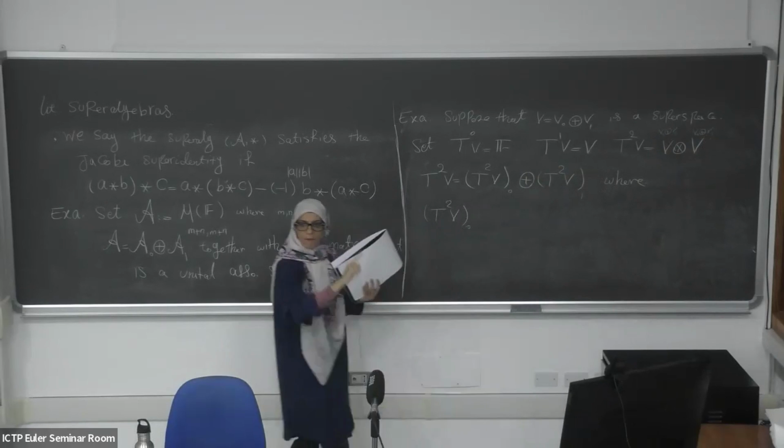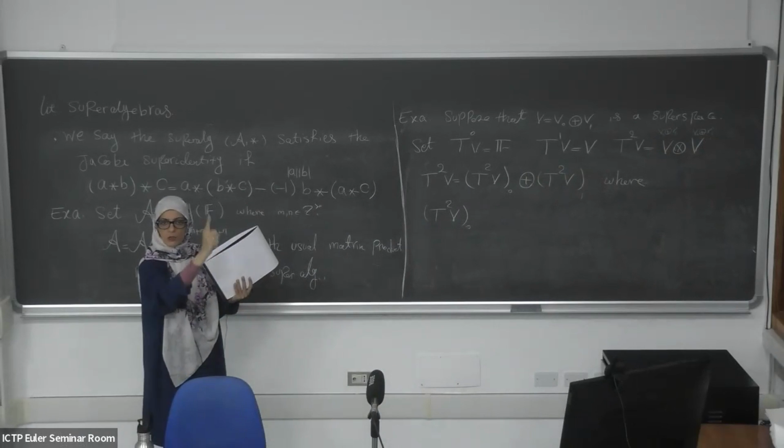So we have V0 tensor V0, V0 tensor V1, V1 tensor V0, V1 tensor V1.